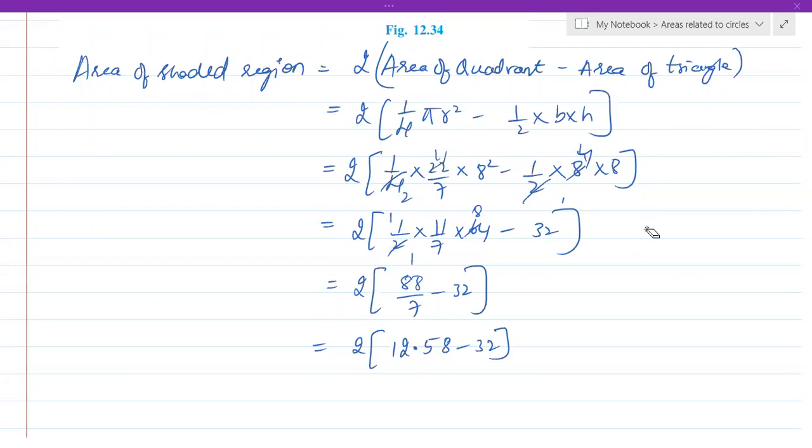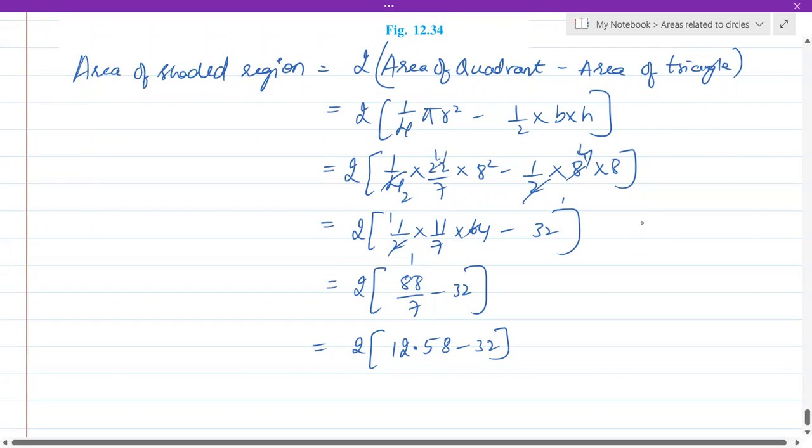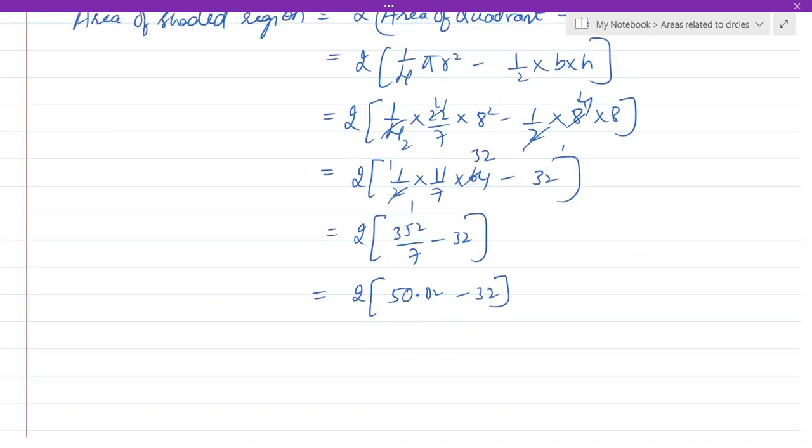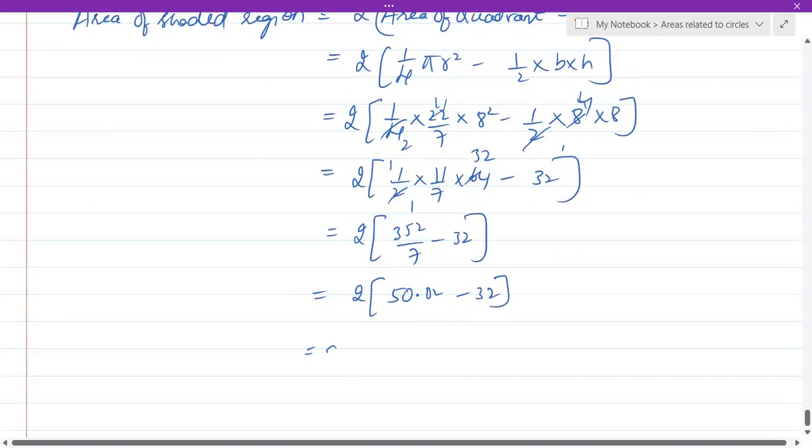But we are getting, okay, I have done a small mistake. It's not 2 8s are, 2 32s are, right? So 32 into 11, that becomes 352. So it is 50 point something, 50.02 something.